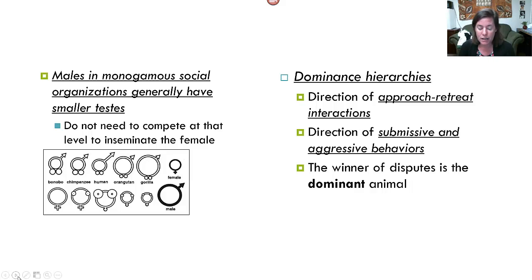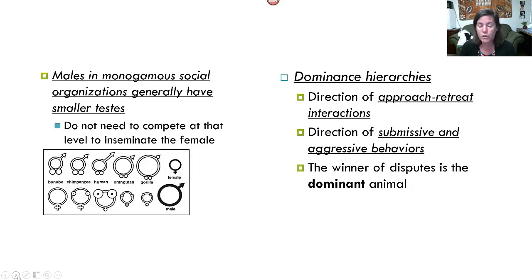Species in multi-male, multi-female groups are also likely to have very strong, detailed dominance hierarchies as a means of reducing tension. Dominance is generally measured in terms of the direction of approach-retreat interactions, so who's approaching and who retreats, as well as the direction of submissive and aggressive behaviors, who exhibits aggressive behaviors, who exhibits submissive behaviors in any interaction between two individuals within the group.